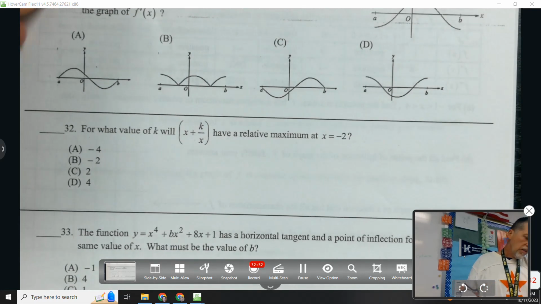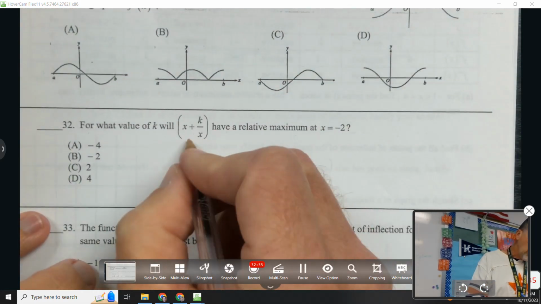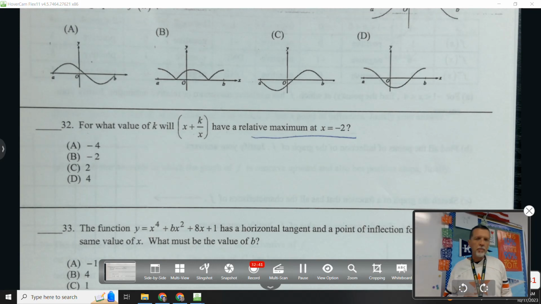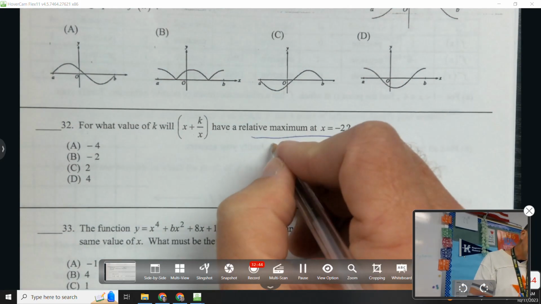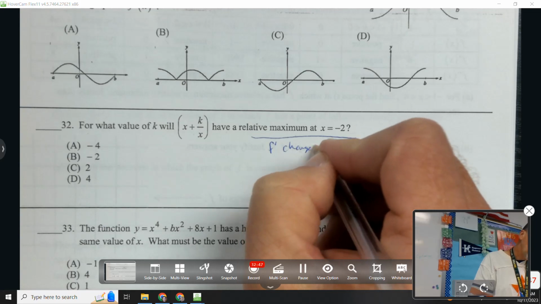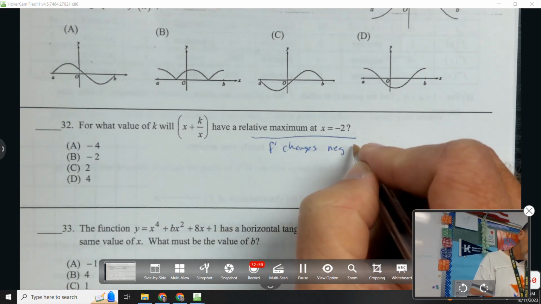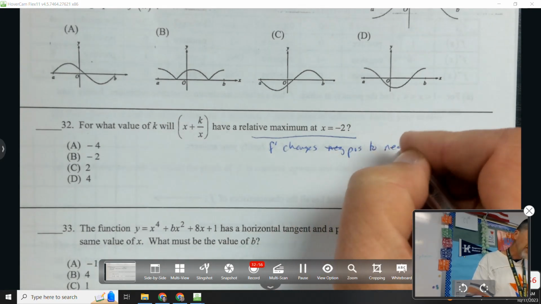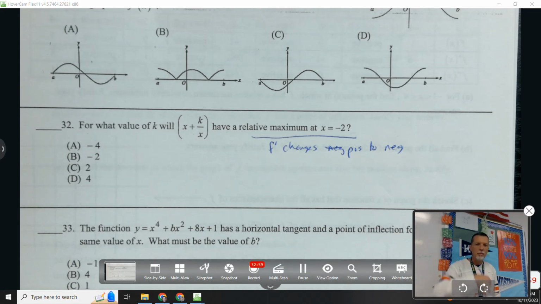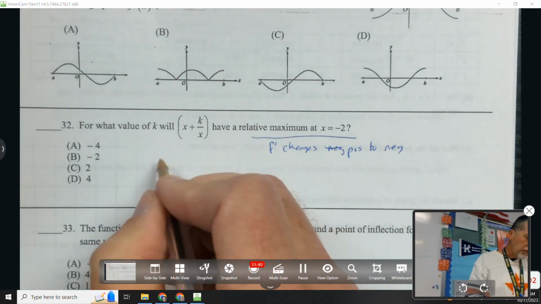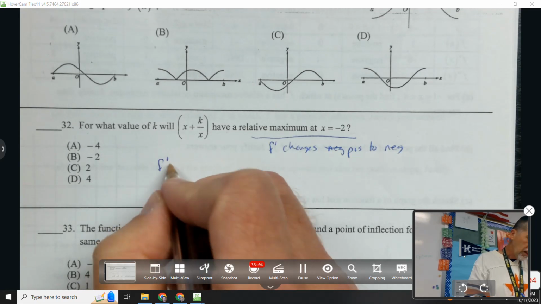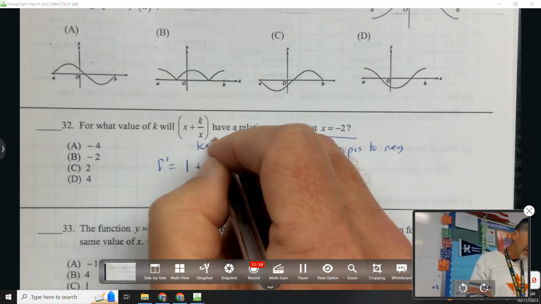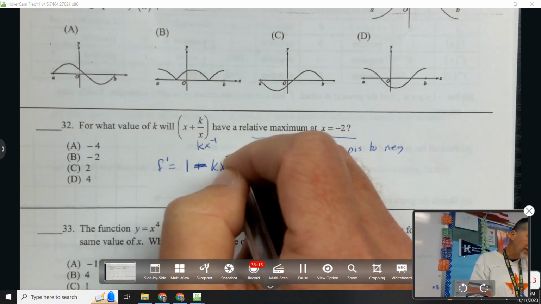32. For what value of k, we already did one of these, will x plus k over x have a relative maximum at x equals negative 2? Relative maximum, f prime changes negative to positive. Nope, other way around. I can't get the question right unless I do the hand motion with it. Yeah, positive to negative. So I would take a derivative, 1 plus, I see that as kx to the negative 1, so I'm going to make that negative kx to the negative 2.